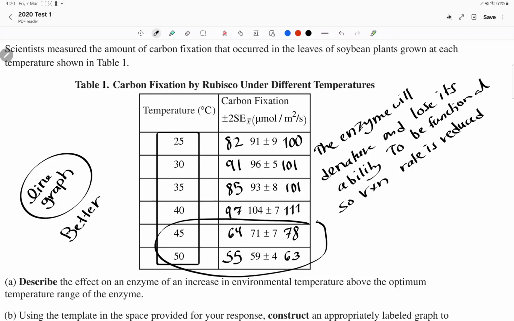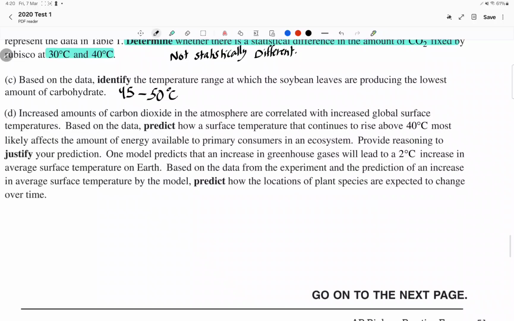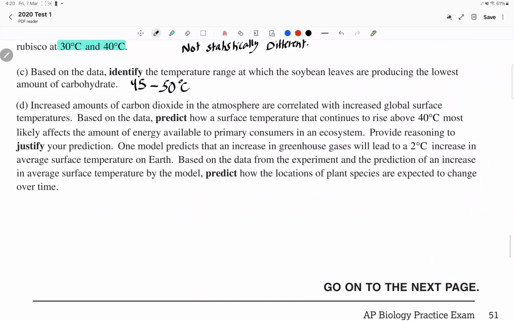And if they make us less food, we will have less energy to consume, correct? So the prediction is that you're going to have less energy available.